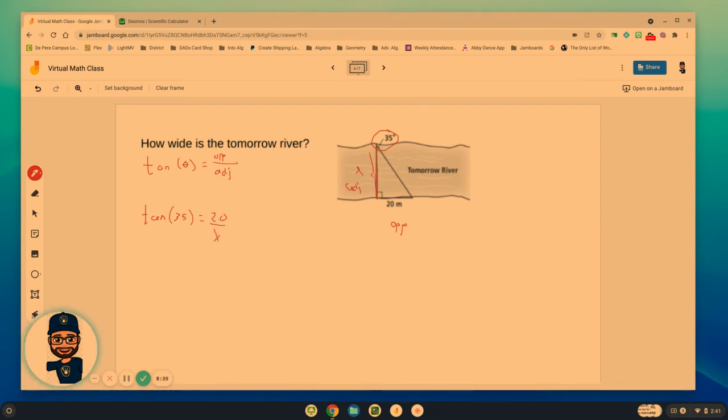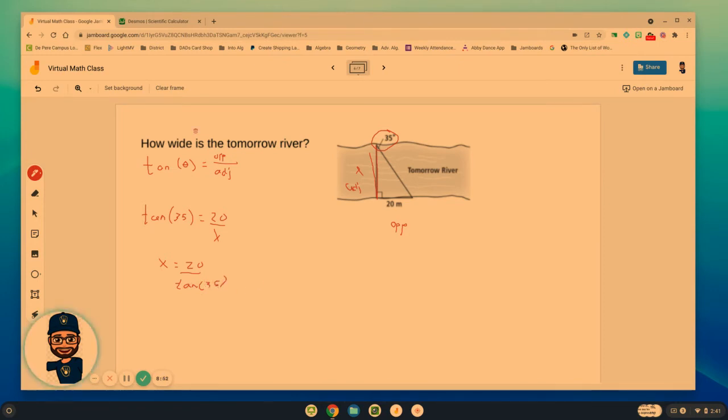All right, we're finding a missing side. When we did this the other day, we said we would multiply both sides by X, which means the X ends up over here on the top right, and then we have to divide by tan 35. So essentially, these two elements just switch spots. Or X equals 20 over the tangent of 35.